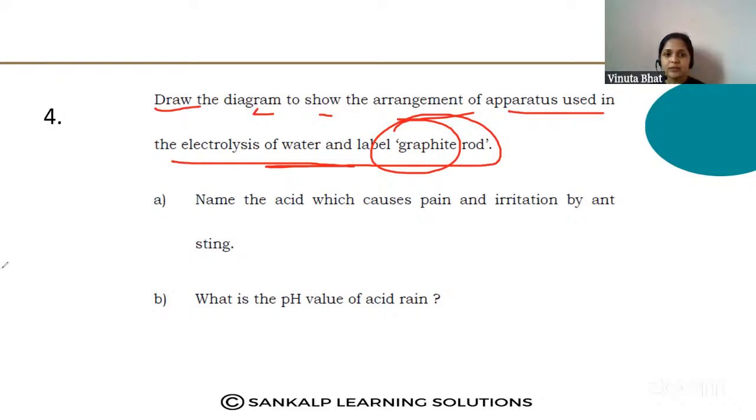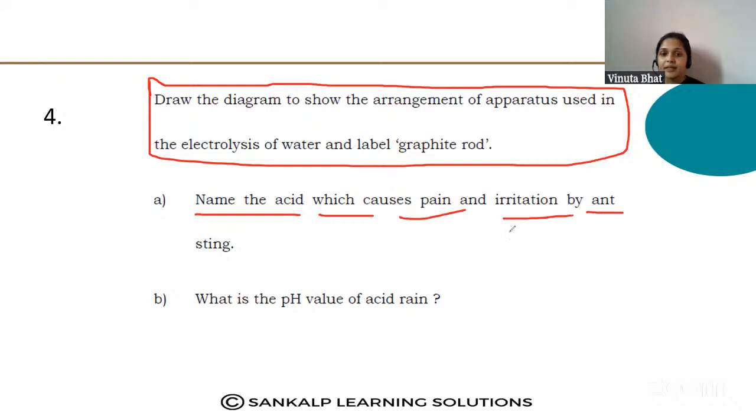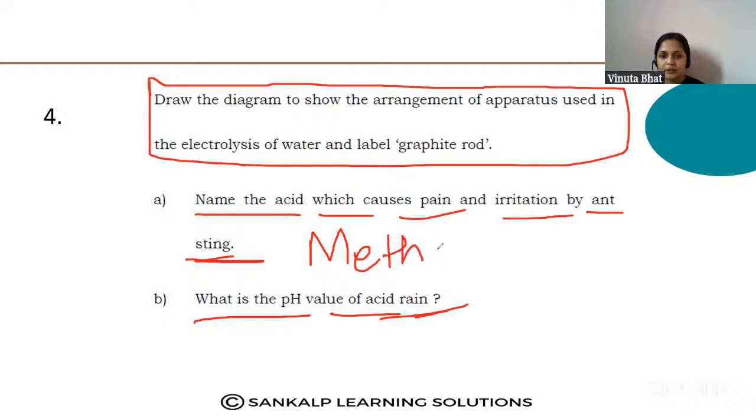Next question. Actually, this question is also there in the first chapter, chemical reactions and equations. Name the acid which causes the pain and irritation by the ant sting. What is the pH value of the acid rain? The acid which causes the pain and irritation is methanoic acid, present in the stings of the ant.